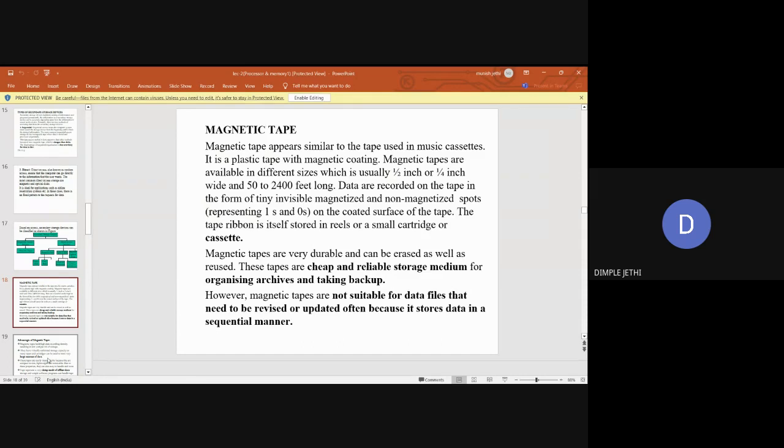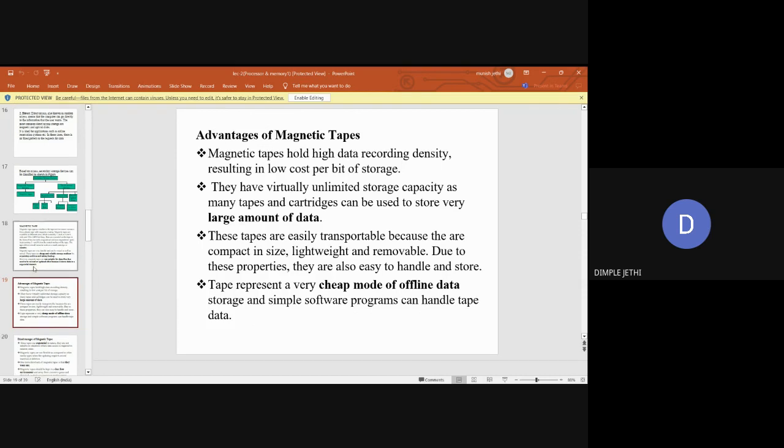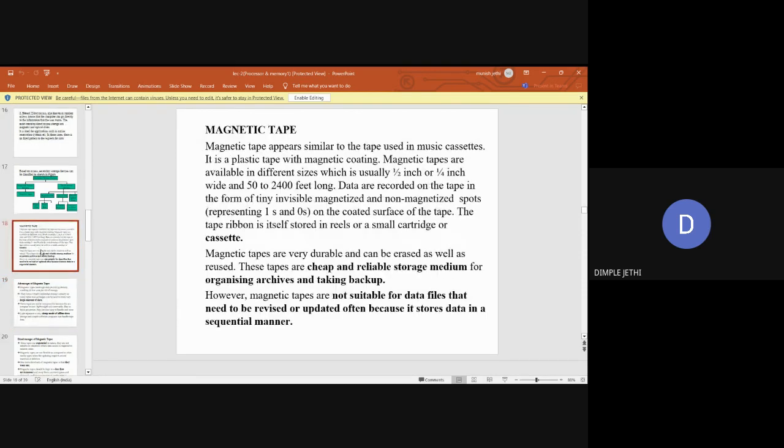And offline is you can store your data in this magnetic tape, and then you can keep it somewhere, in some almirah and all that. But this is not used for online data. You cannot keep it in your laptop and keep working on it.